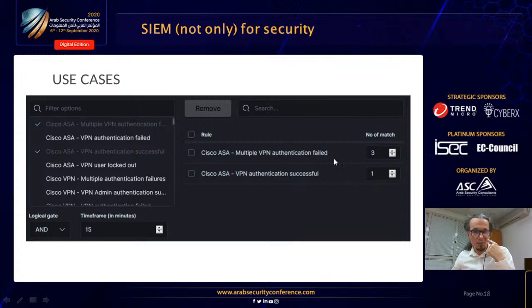This is a simple use case where within the time frame of 15 minutes, the multiple VPN authentication failed alert has to be triggered 3 times, and the authentication successful must be triggered 1 time. If those conditions are met, meaning this one was triggered 3 times and this one was triggered 1 time within the time frame of 15 minutes, then we have a notification about the error in this case.